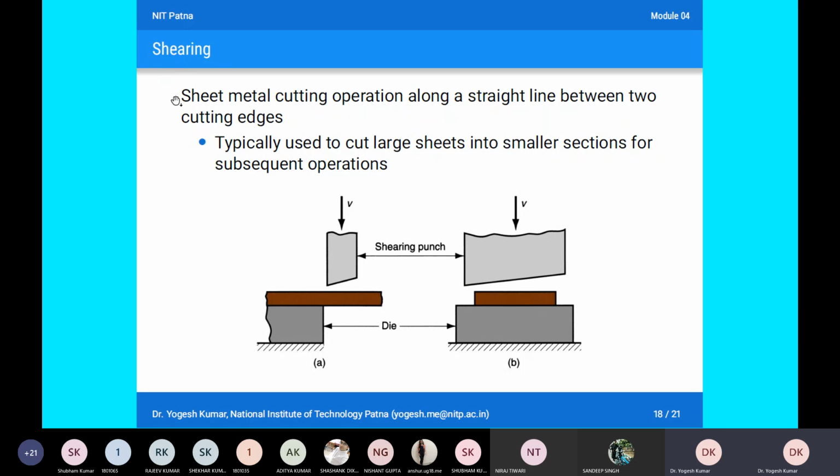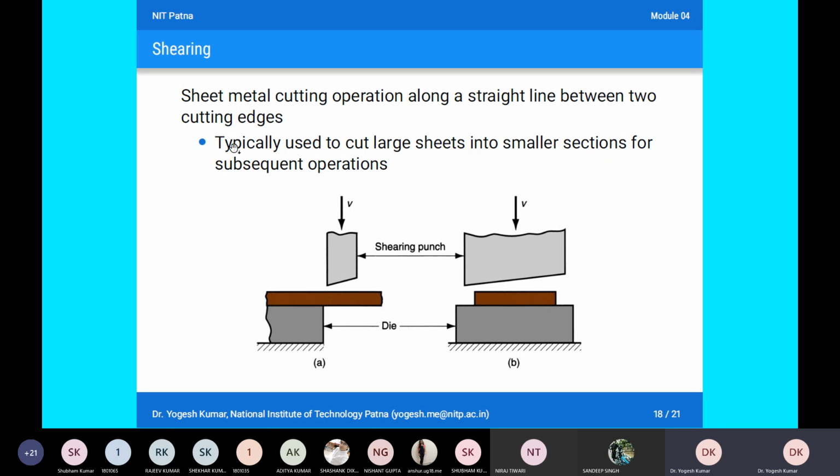Okay, shearing. It is a sheet metal cutting operation along a straight line between two cutting edges. Here you can see we have the die and the shearing punch. As soon as this punch moves downward, the component is cut into two pieces.